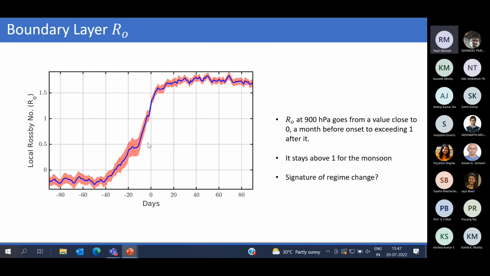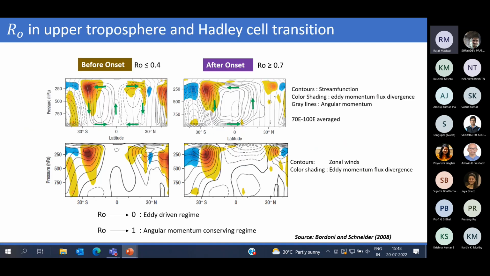If we do a composite evolution of the local Rossby number at 900 hectopascal, we can clearly see that a month prior to the onset, this local Rossby number is close to 0, and after the onset, this variable settles at a value greater than 1. So is this a signature of regime change? Well, we don't know for sure.